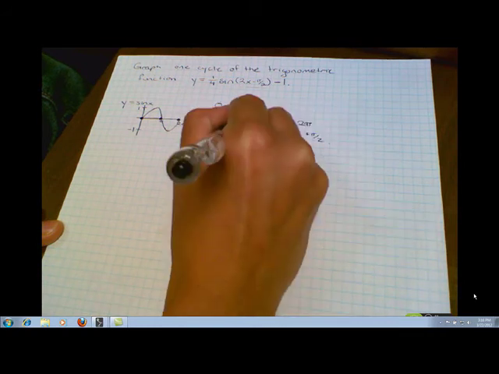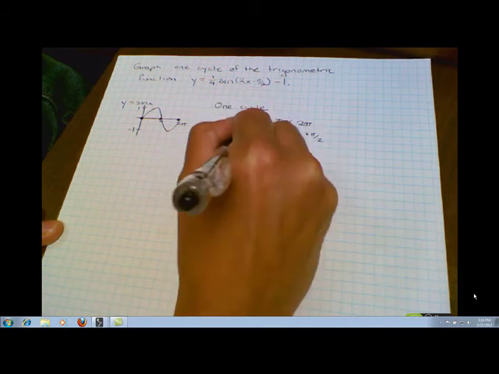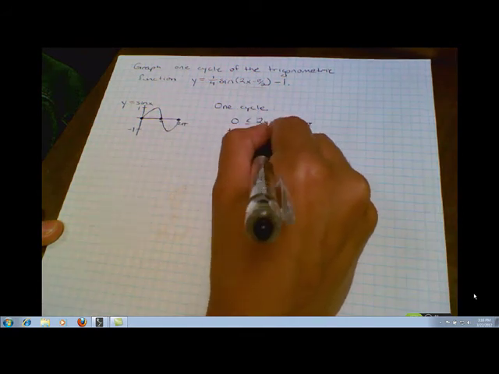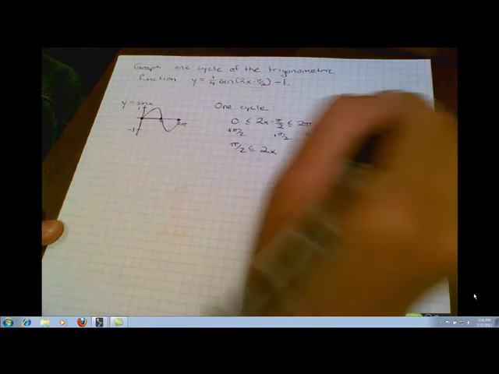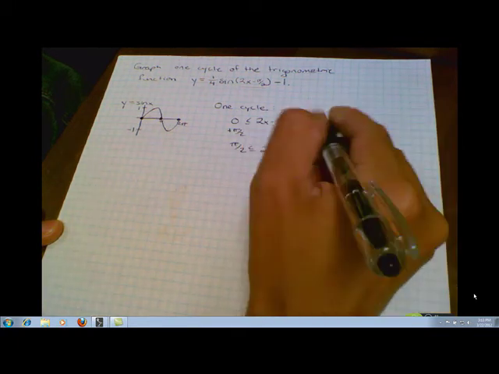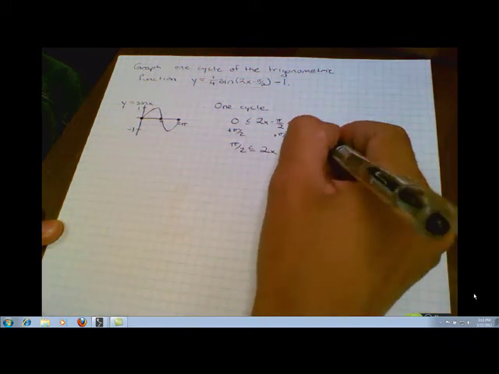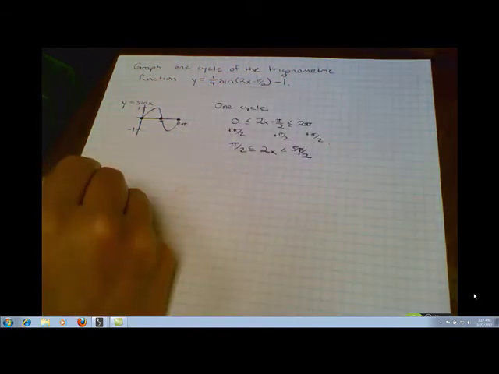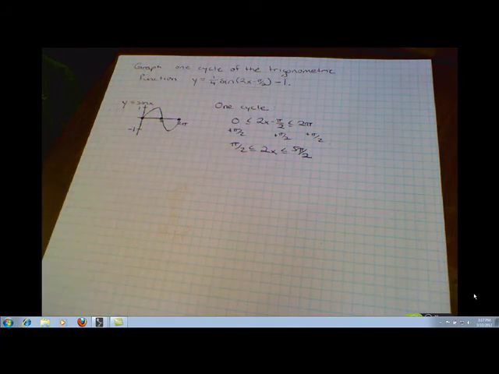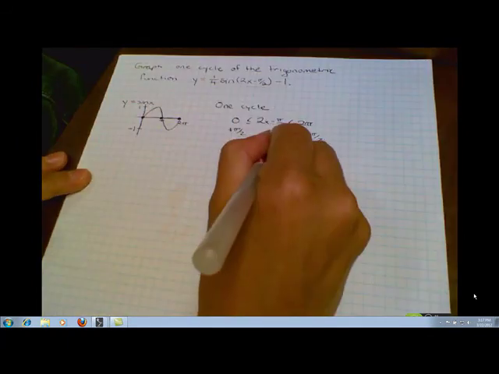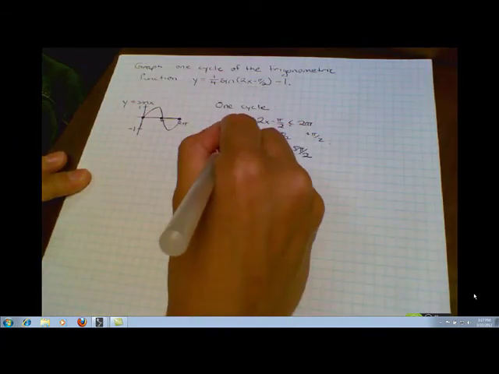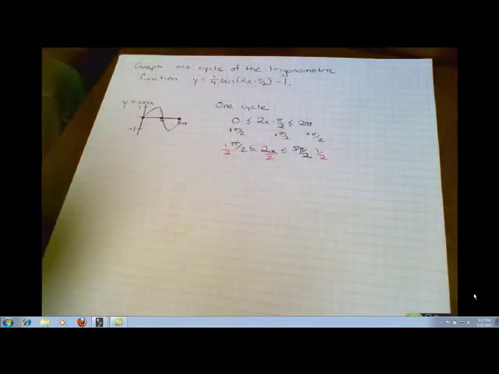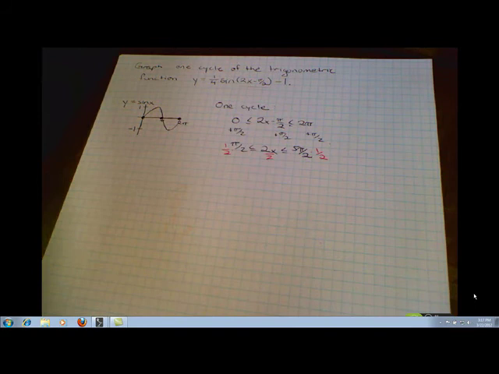So I'm going to add pi over 2 to each part of this inequality, getting pi over 2 less than or equal to 2x, less than or equal to 2 pi, so that's 4 pi over 2, plus 1 more pi over 2 gives us 5 pi over 2. And now, to isolate x completely, I'm going to divide by 2, or multiply by 1/2, whatever's more convenient.